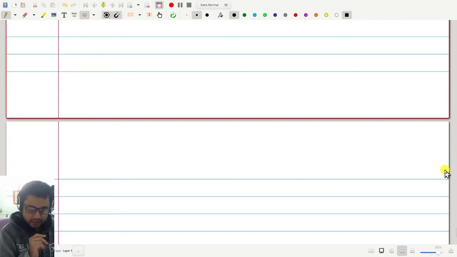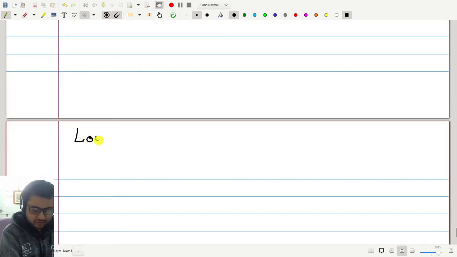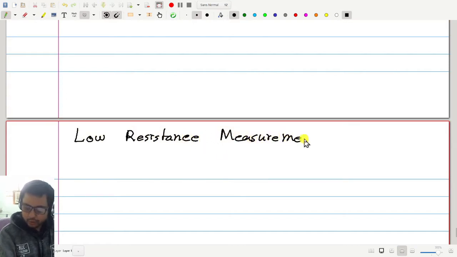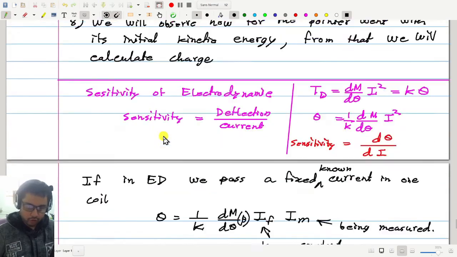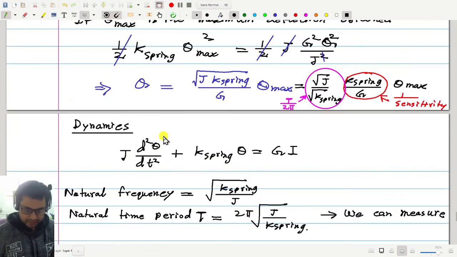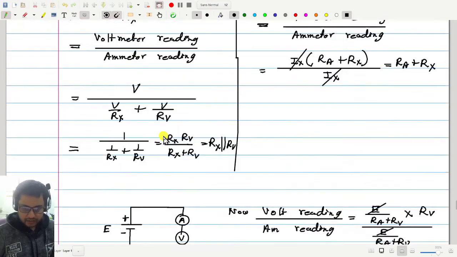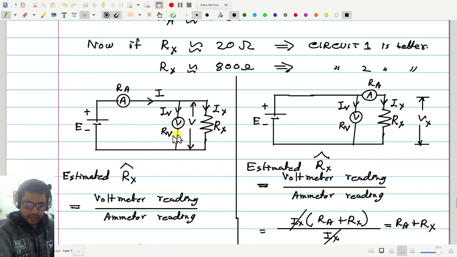Okay, now we will start a new topic. Previously we have seen that we can measure a resistance using a voltmeter and ammeter, and here are the two possible schemes.